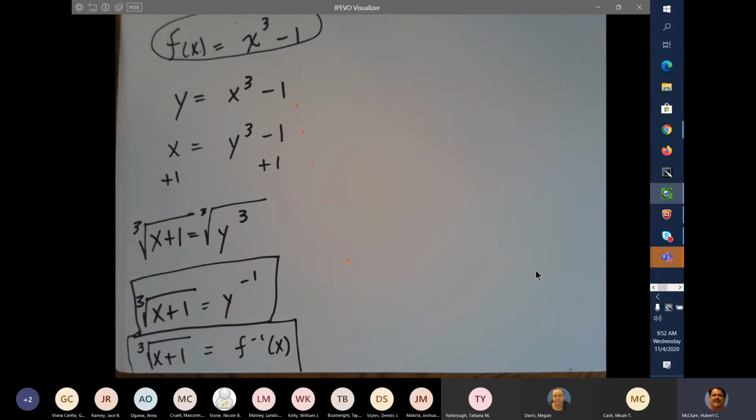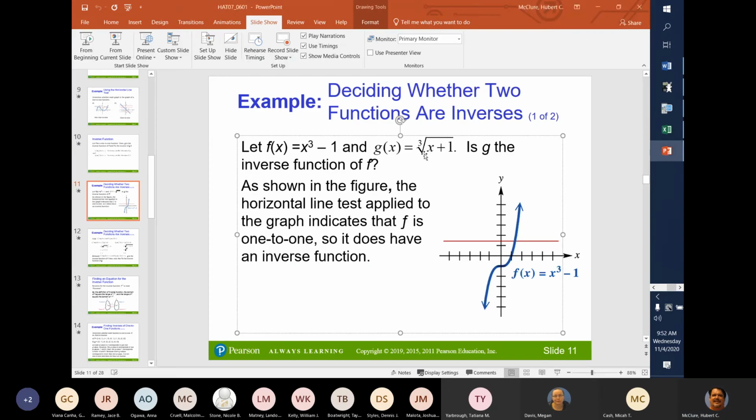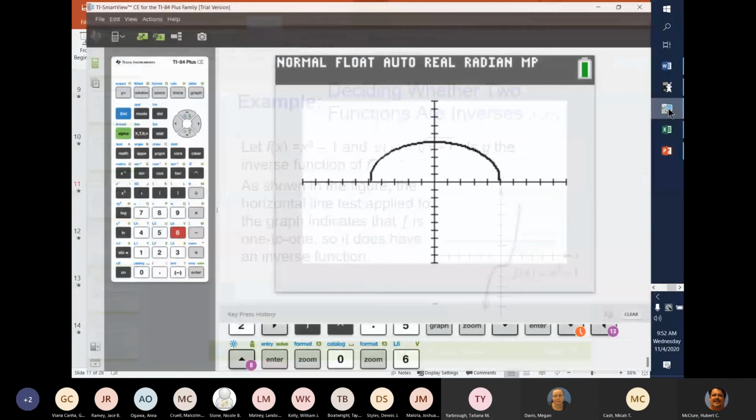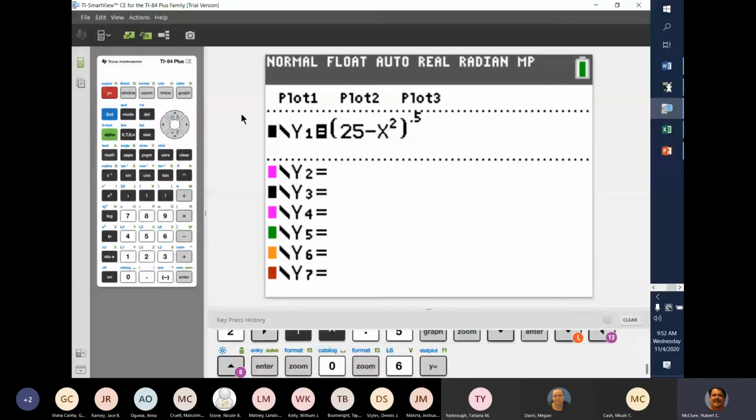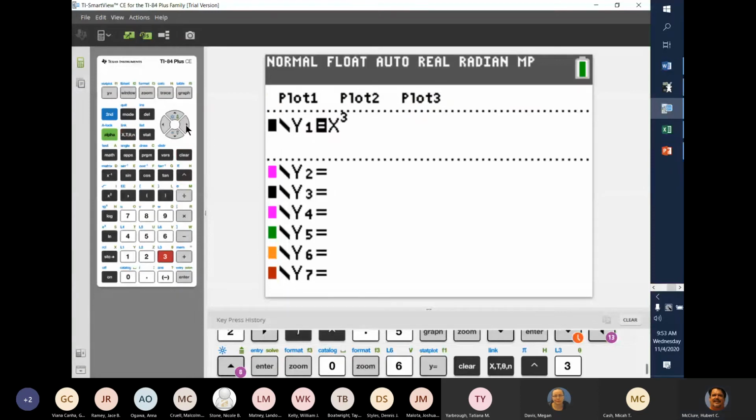So let's go back to the question. And that's what they got, the cube root of x plus 1. So if you graph those two, let's go to the graph. Clear. I'll do the first one in black: x cubed minus 1.